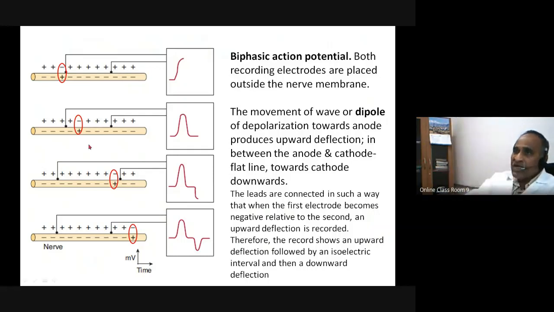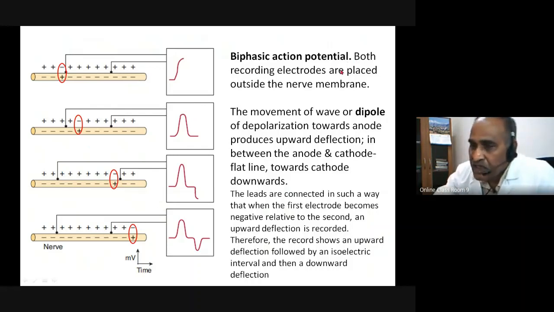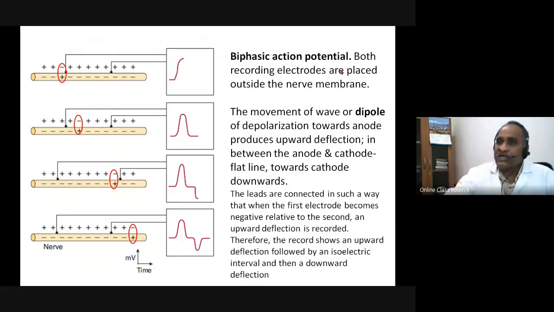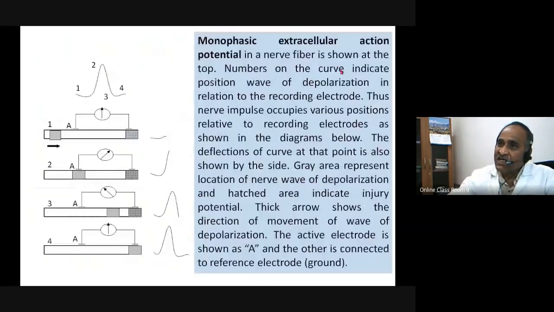Now, moving on, the biphasic action potential sometimes changes the configuration of the things. So to avoid that, a crush is made at one end of the nerve. So this is the crushed nerve here. You can just see how the monophasic extracellular action potential is recorded.